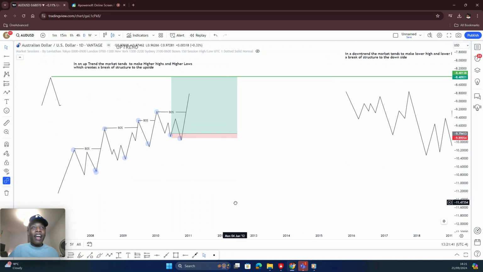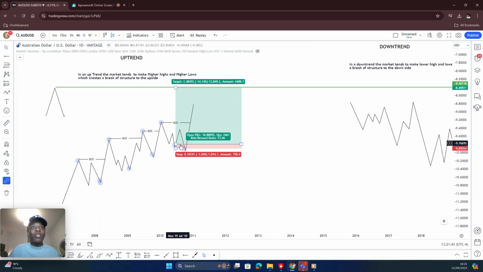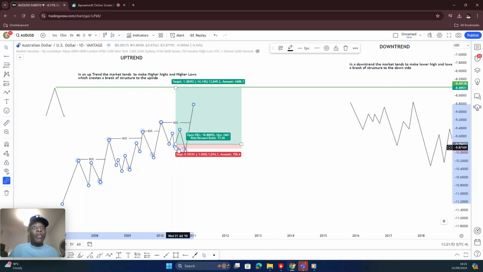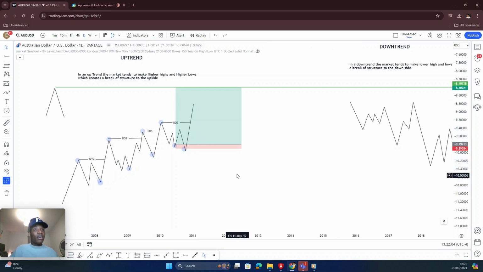Just because you don't have the understanding of market structure, and you thought that this area here was your last higher low, price will come through and stop you out. Then after stopping you out, it's going to go your way, and that is the most frustrating thing to ever see in a market.